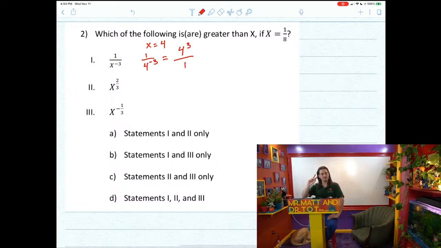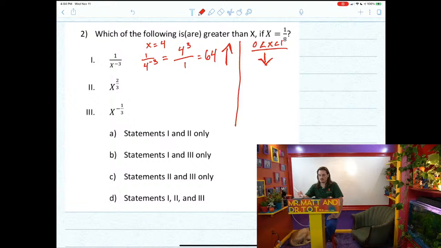Remember, the negative exponent just flips numerators and denominators around. 4 to the third power is 64. So this results in an increase. So if x were in between 0 and 1, this would produce a decrease. The opposite effect would occur. So statement 1 is not true.